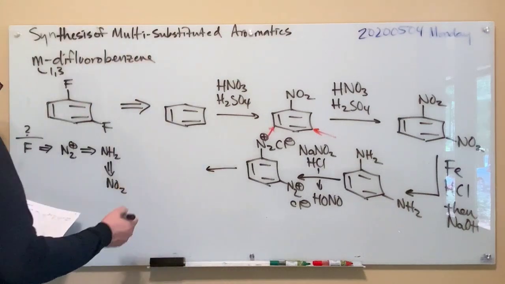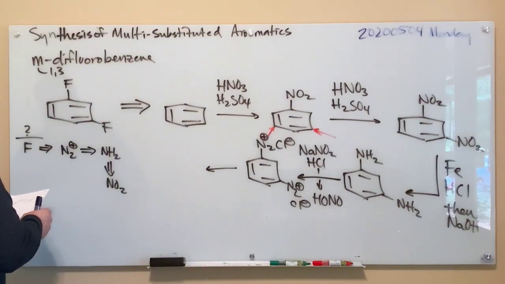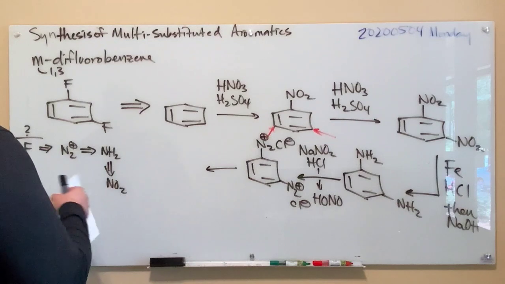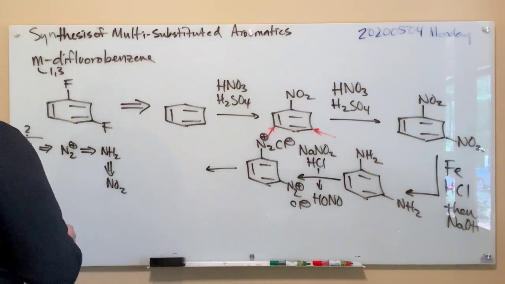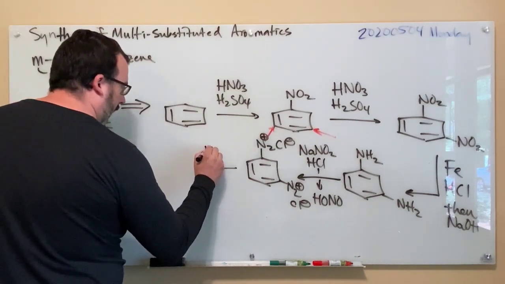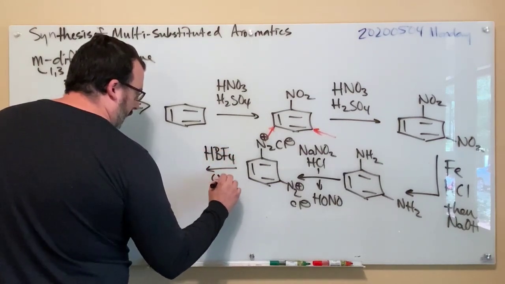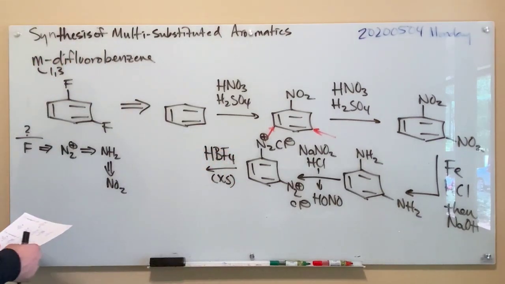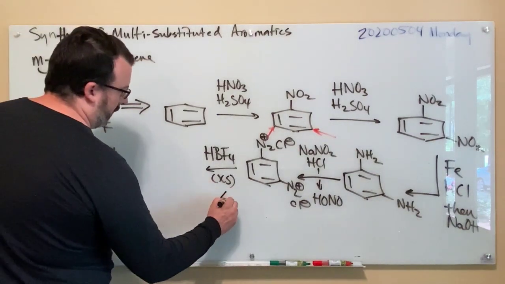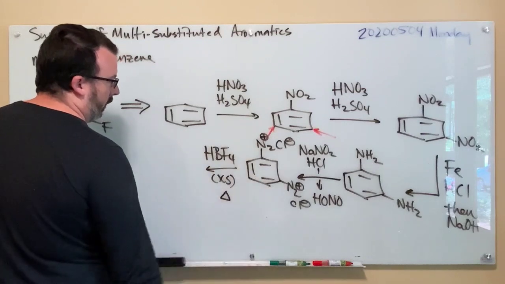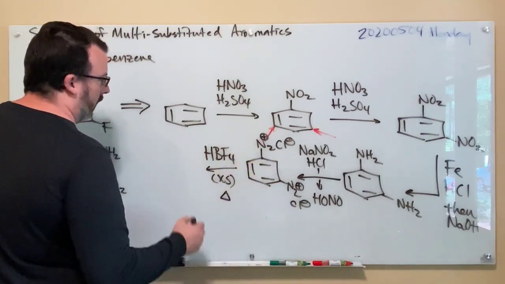And then finally for our last step, we're going to treat with an excess of tetrafluoroboric acid with heat. So excess just because we need more than 2 equivalents of it.